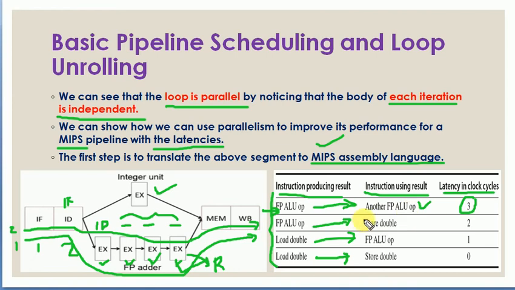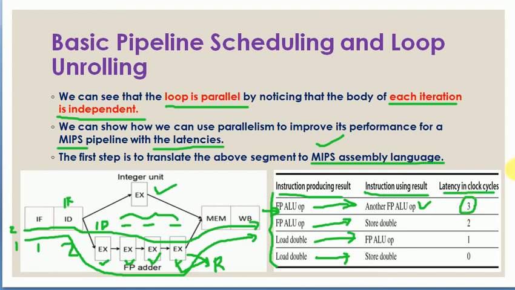If that happens, we can say that there is a 3 clock cycle delay in between. So we can set that 3 delay as a stall generated between the two instructions. So that much time we need to have a delay.